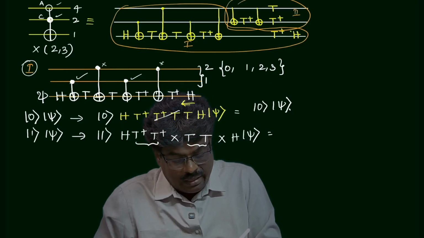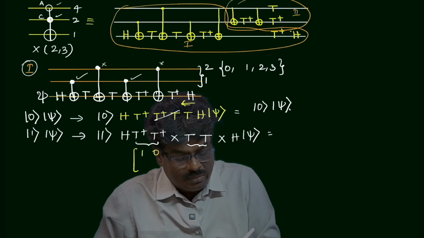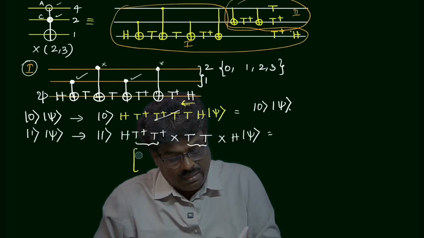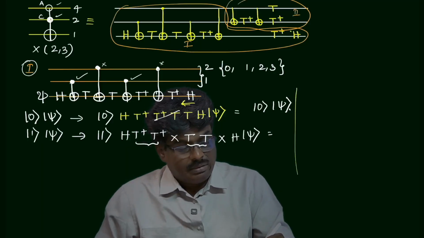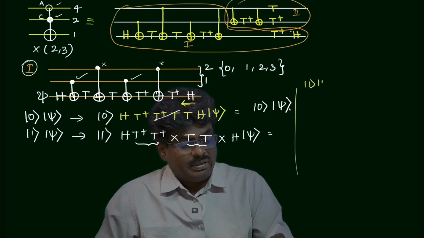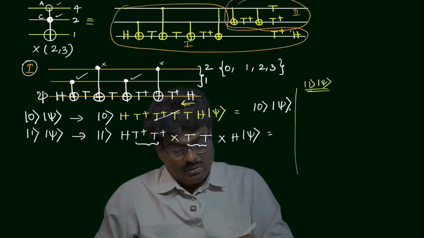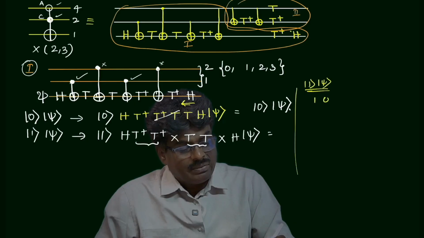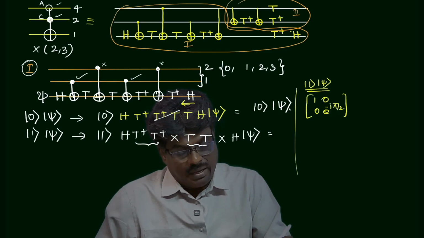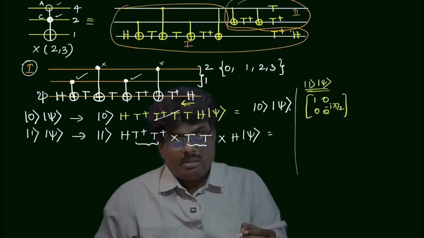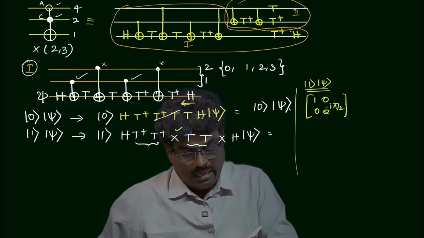So here I'm taking this as 1 0. Let me write here because there is some space. Here I'm doing for one side. So this is T dagger square, that is 1 0 0 e raised to minus i pi by 2. And after that we have T square but with X on this side and X on this side.